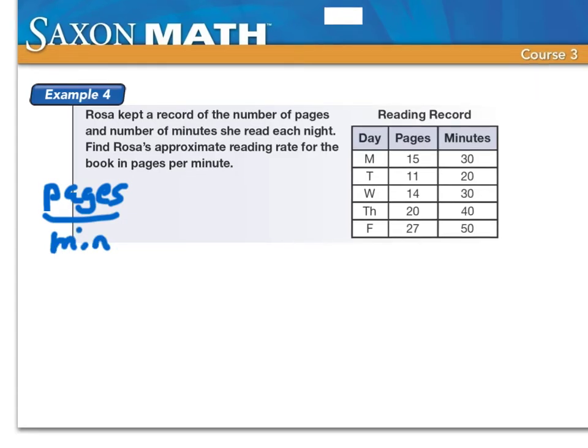Alright, well if I add up all these pages here, 15 plus 11 is 26, plus 14 is 40, plus 20 is 60, plus 27 is 87. So she read 87 pages. And how many minutes? We got 30 plus 20 is 50, plus 30 is 80, plus 40 is 120, plus 50 is 170.